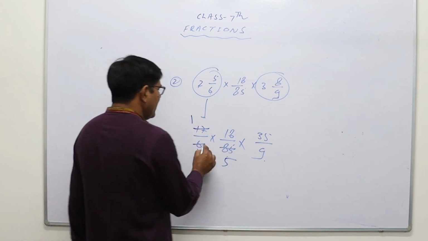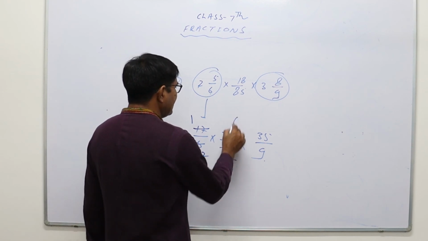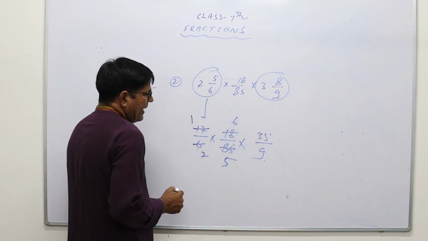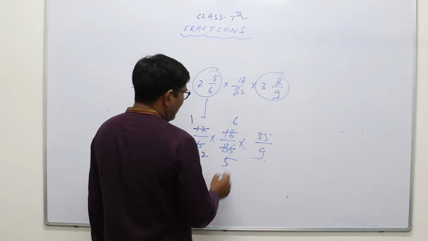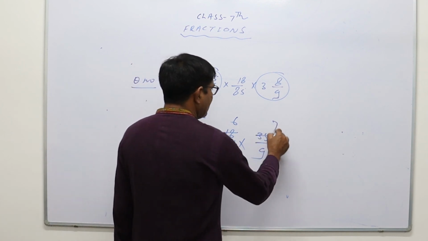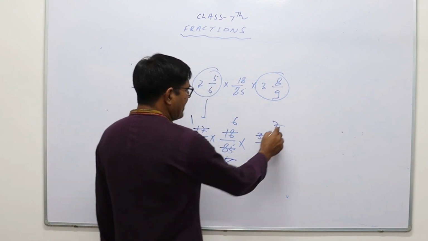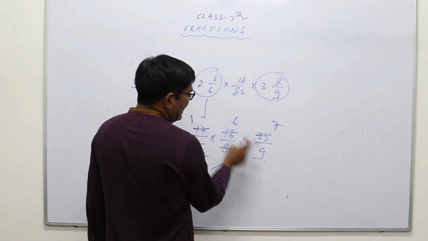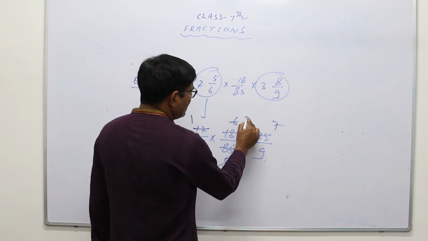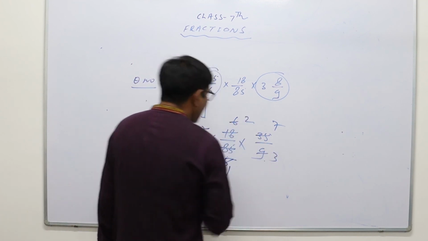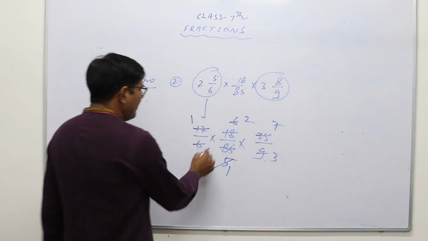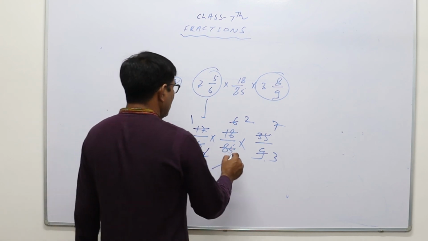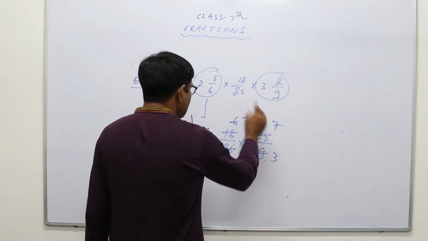Here 3 twos are 6 and 3 sixes are 18. Again see here, 5 sevens are 35, 5 ones are 5, 5 sevens are 35. Again see, these 6 and 9 have common factor 3. So 3 twos are 6 and 3 threes are 9. Now this 2 will be 2 ones are 2 and here 2 ones are 2.